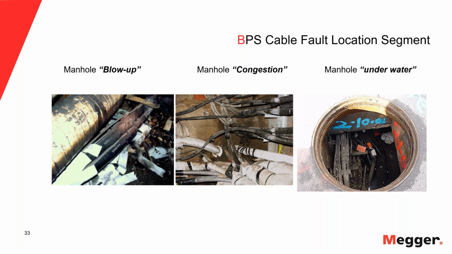Marshall mentioned one tool, the cable identifier. That is sometimes a very important tool to figure out, when you're in the manhole, where this cable is coming from and where it's going to, so you're really on the right cable when you do your fault locate. On the right-hand side, you see a typical manhole with a lot of water in it. Most manholes I've seen have a lot of water.